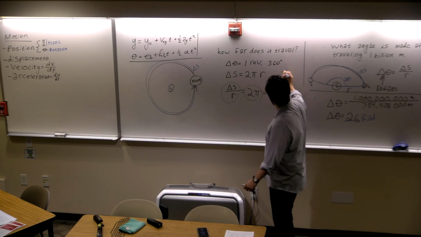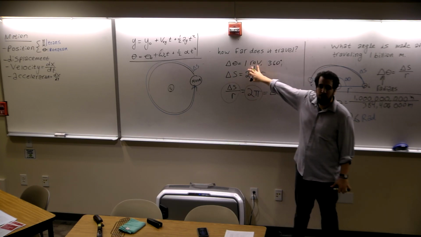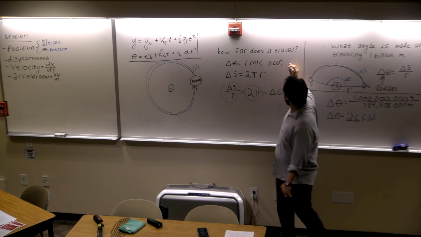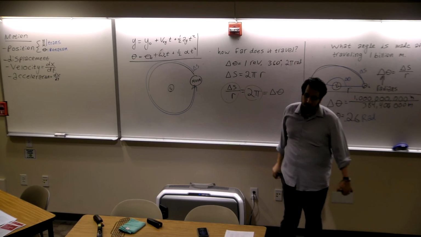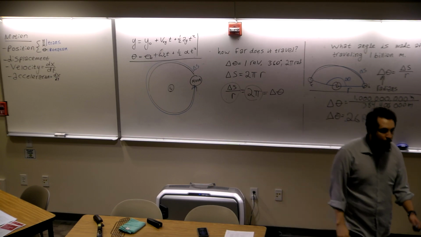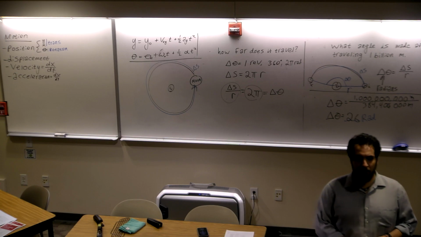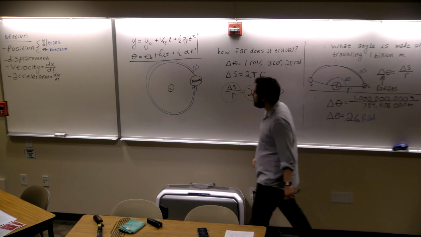So we might say delta theta for a full circle is, yes, 1 revolution. Perhaps we say it's 360 degrees. Or we can say it's 2 pi radians. A full rotation is 2 pi radians. Sound all right? Any thoughts and comments? It's not so bad so far, right?